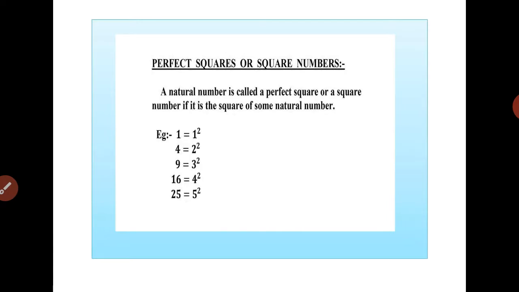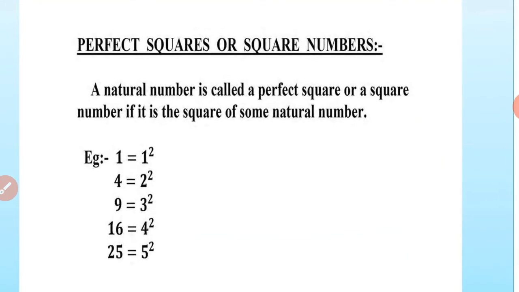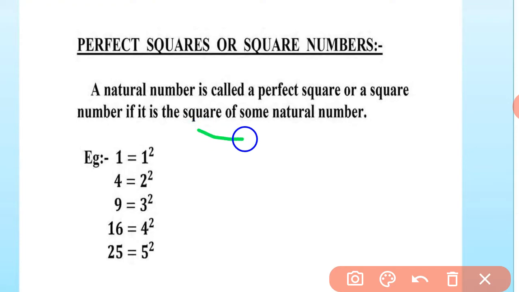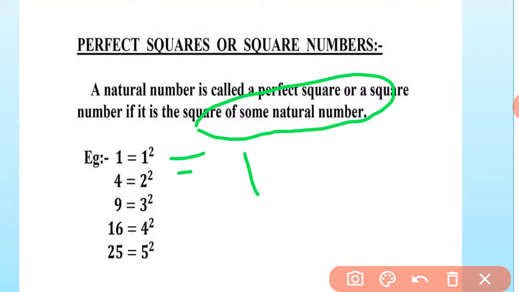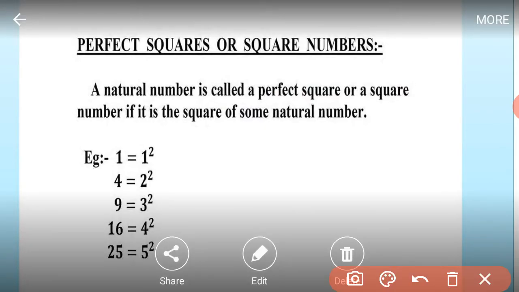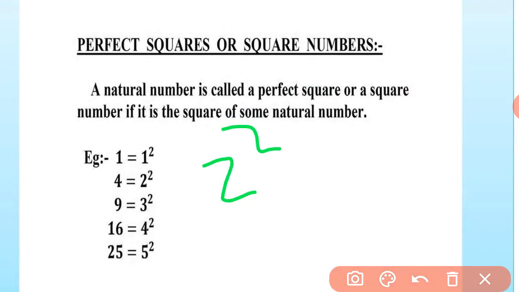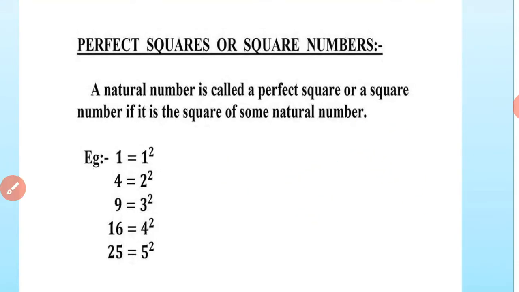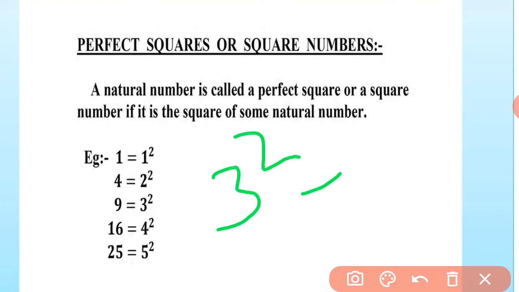So what is a perfect square or square number? A natural number is called a perfect square or a square number if it is the square of some natural number. That means 1 equals 1 square. Similarly 4 is the square of 2, that means 2 power 2 is equal to 4. Similarly 3 power 2 is equal to 9.